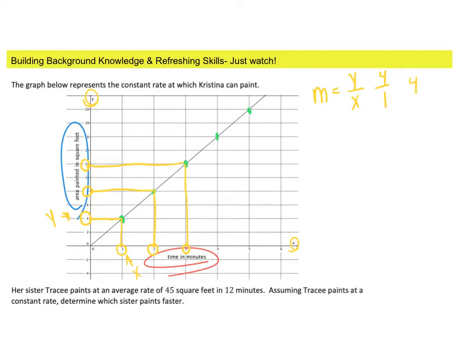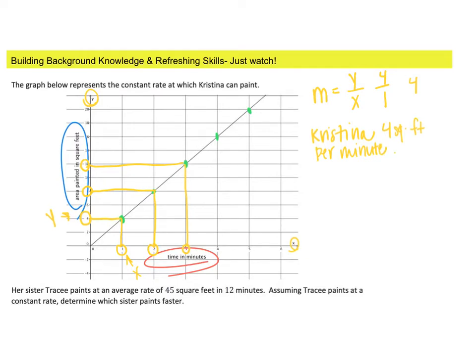So for this graph, I know that Christina's constant rate is 4 square feet in 1 minute. Okay, and we see that in 1 minute she can paint 4 square feet.